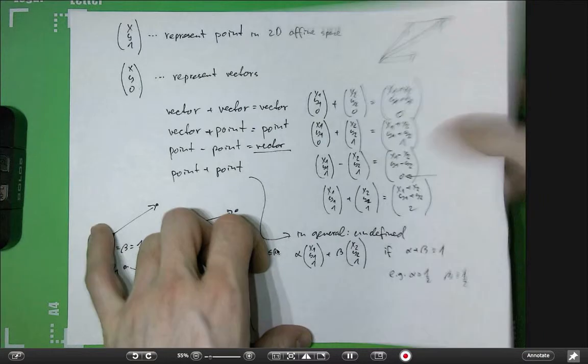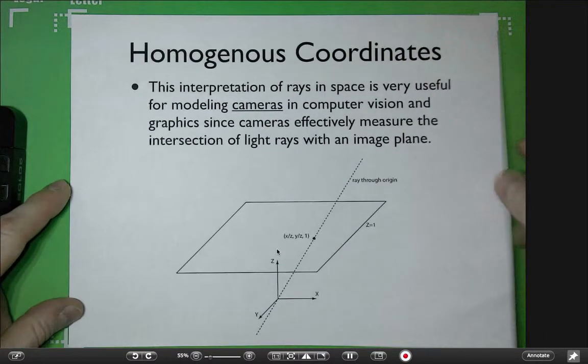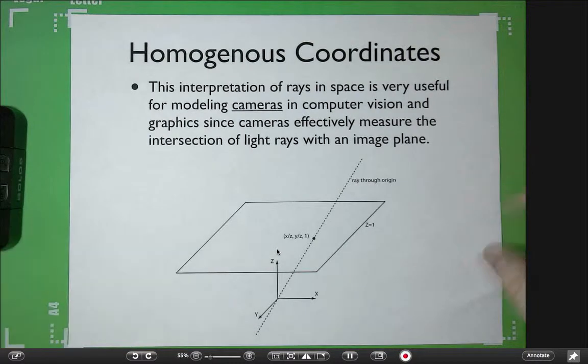All right, so let's look how. Oh, there is actually one more note. The projective plane is also a useful model when you will be dealing with cameras, because this is exactly how the pinhole camera model works. I think we will get to it in a little bit, but the model is the same, right?